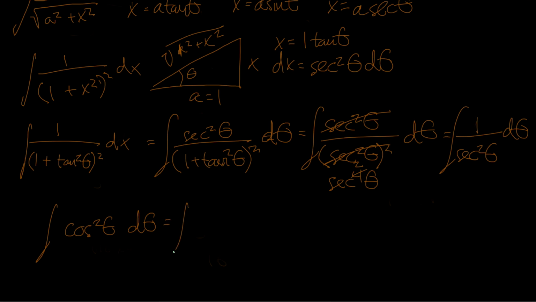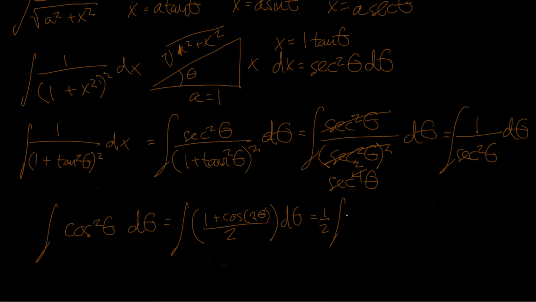You should recognize that cosine squared theta, because it's an even power, we're going to use our half angle identities and rewrite this as the integral of (1 plus cosine 2 theta) over 2 d theta, just like that. And we can draw out a 1/2, right?